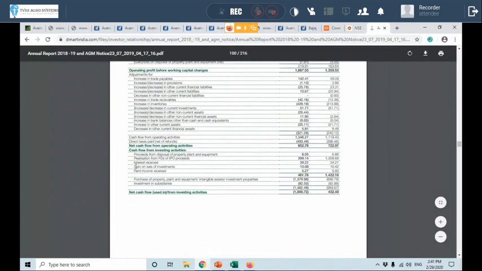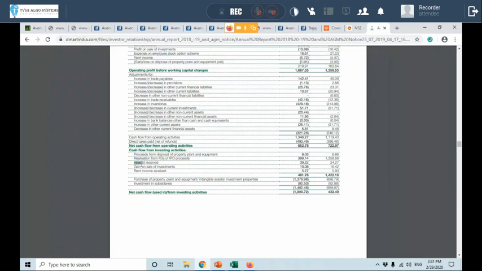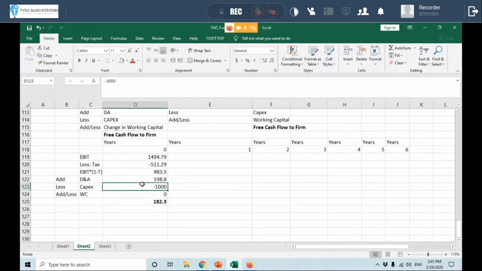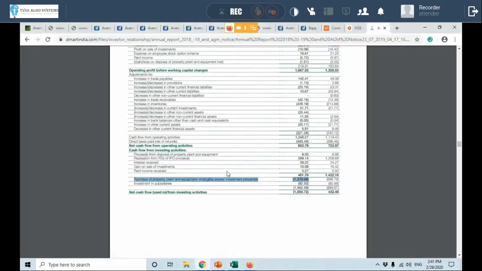Let's look at proceeds from disposal of property. This is not capex. Realization from FDs and IPO proceeds is not capex. Interest receipts, no. Purchase of property and plant. Oh, this is high. 1379. So what moves to 1380. So here instead of this we will write 1380.